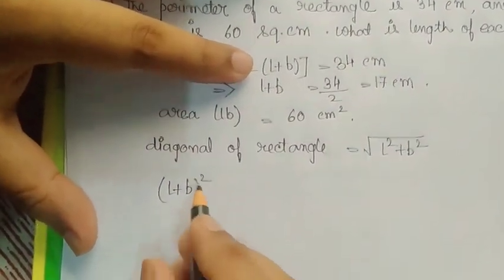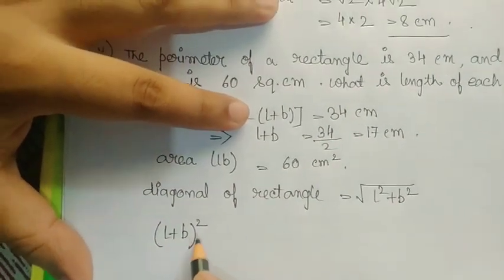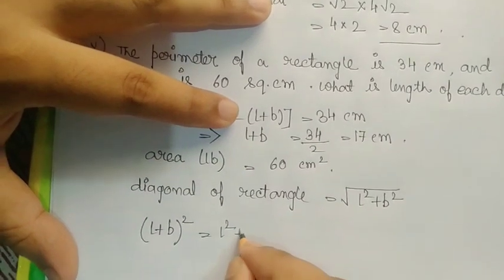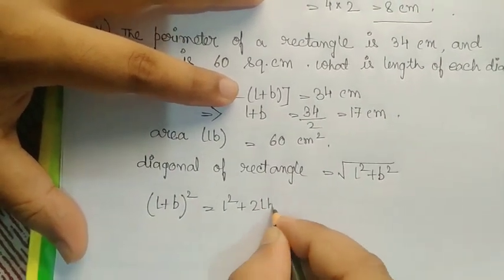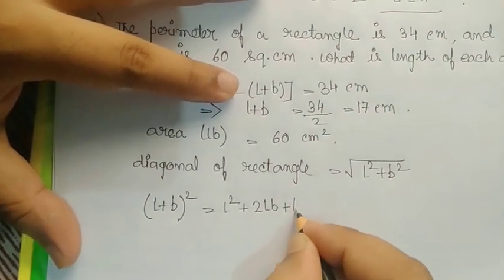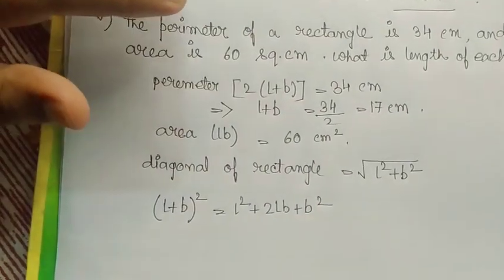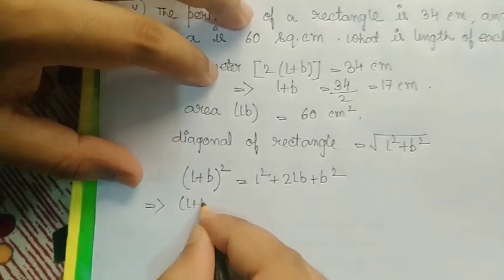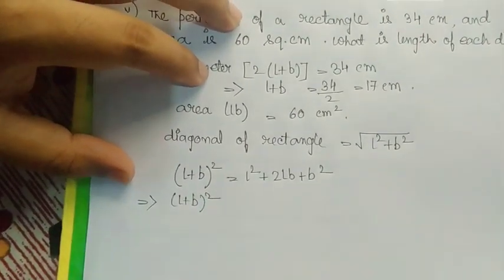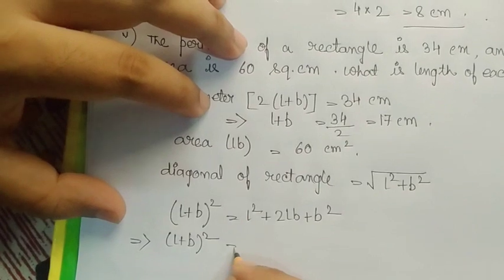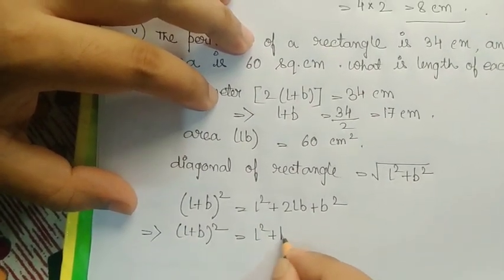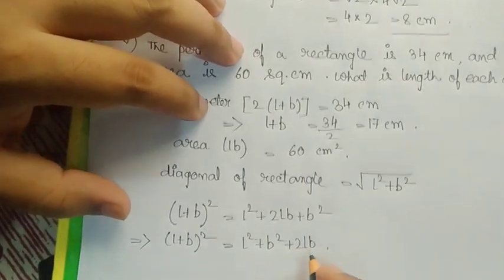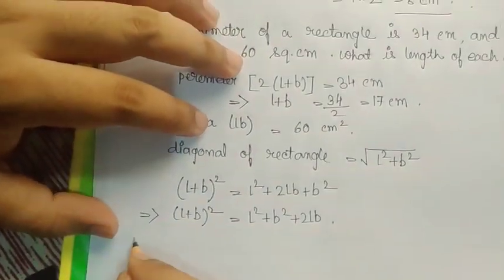You see, A plus B whole square means A square plus 2AB plus B square. So therefore L plus B whole square equal to L square plus B square plus 2LB. We just arrange the sequence.